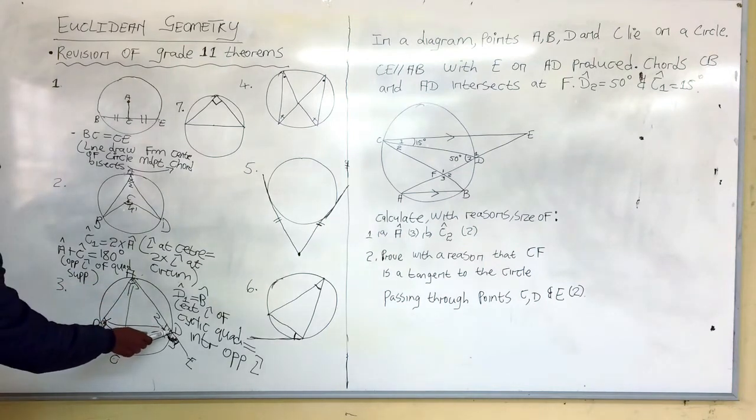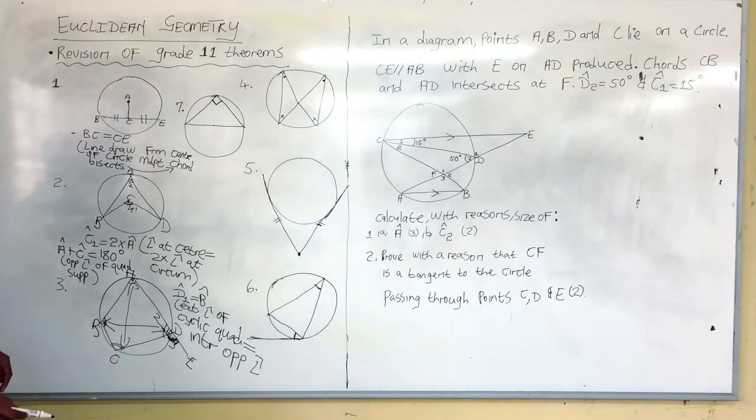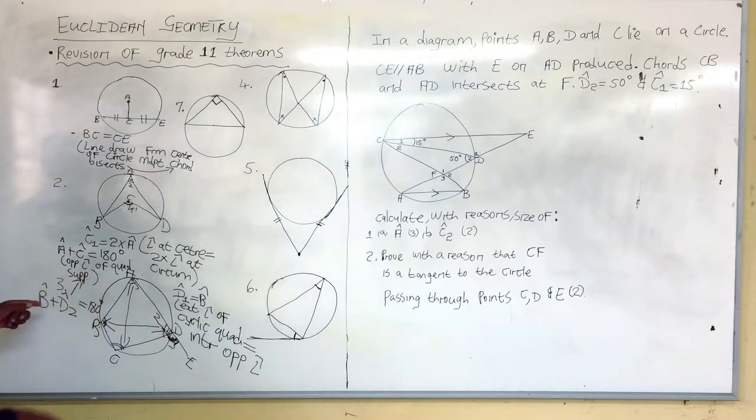It means that they are also supplementary. So angle B plus angle D2 must always be 180 degrees. Why? The same reason. Opposite angles of a cyclic quadrilateral are supplementary.